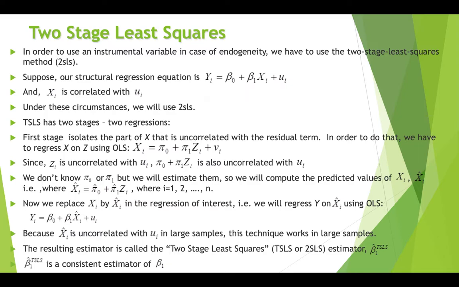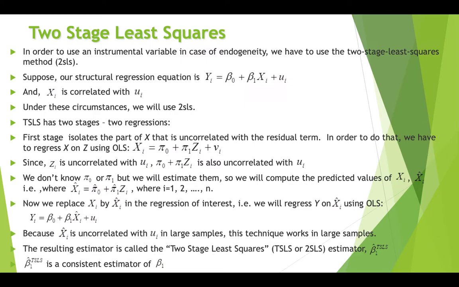Two stage least squares means there are two regression equations. The first regression equation is the first stage, which isolates the part of X that is uncorrelated with the residual term U. So, we regress X on Z using OLS: xi equal to pi 0 plus pi 1 Zi plus Vi. Here Zi is uncorrelated with Ui. We do not know pi 0 and pi 1, but we can estimate them.